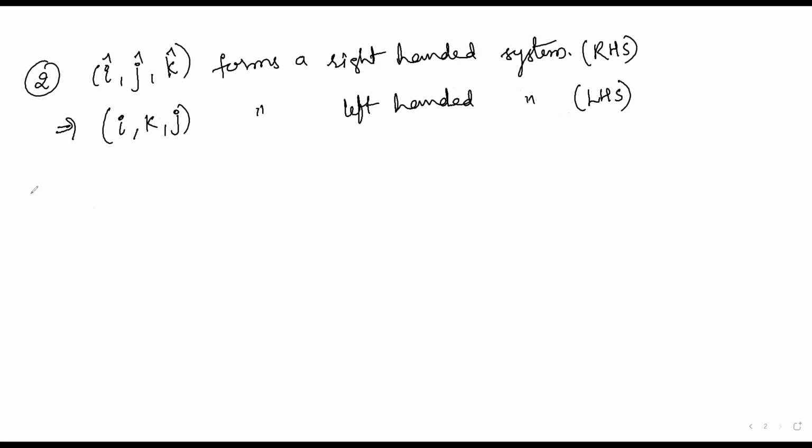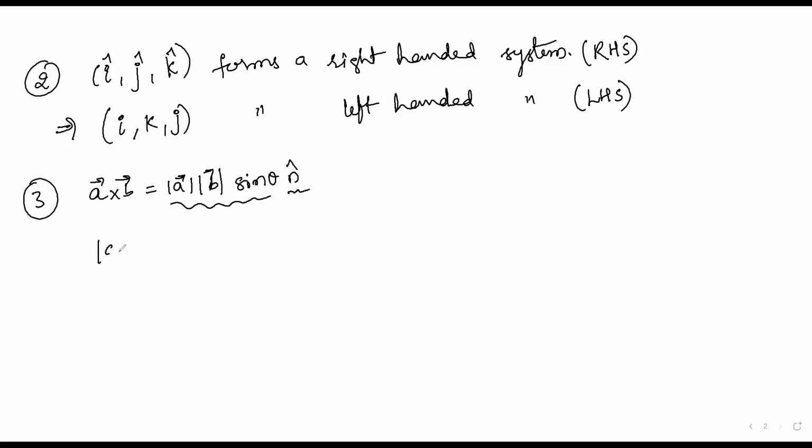What does it mean? What to do with this? First of all, what I told is A cross B. A cross B is mod A, mod B, sin theta n cap. So this is the magnitude and this is the direction. Therefore, the magnitude of A cross B is mod A, mod B, sin theta.